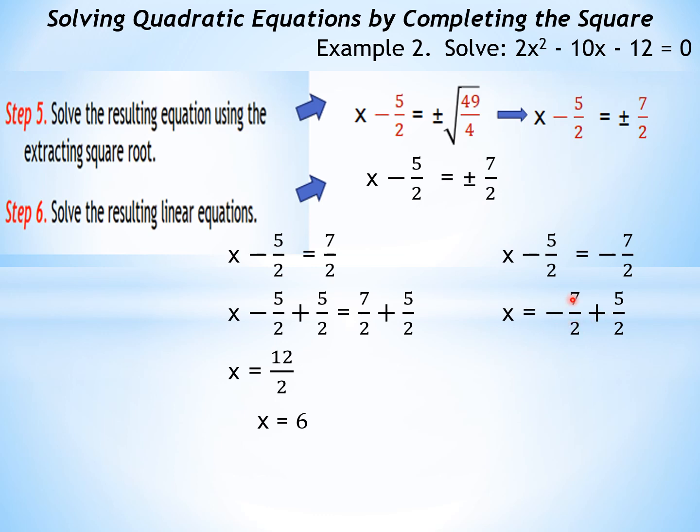Okay? So, kunin natin yung difference, that is 2. Then, copy the sign of the larger value. So, that is negative 2 divided by 2. So, what is 2 divided by 2? That is 1. Negative 2 divided by 2 is negative 1.